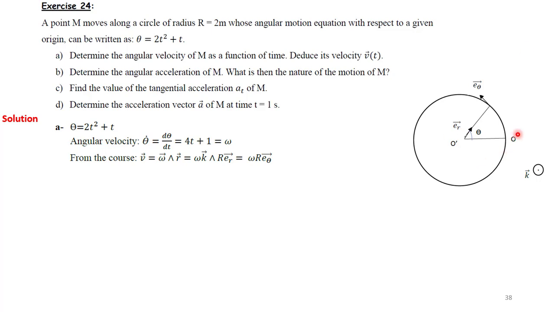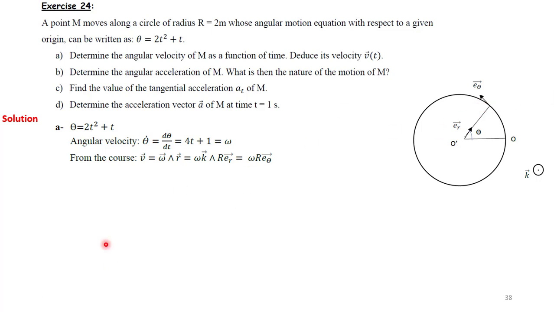So let's consider our circle, of center O prime and of radius capital R. At t equals 0, the point that is moving on the circle was at O. As time passes, M will make a rotation. At a certain instant of time, it will be in this point here.